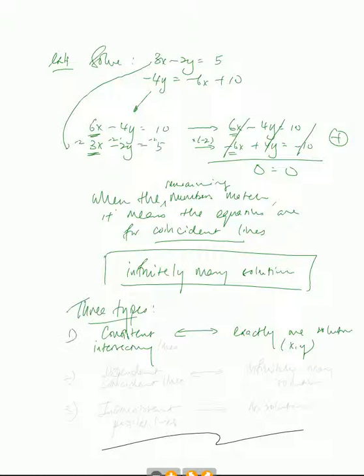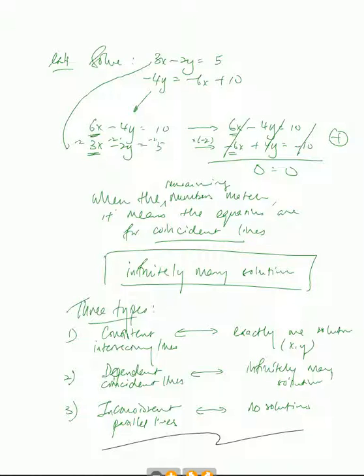The other type was where we talked about dependent, and that means that they are in fact coincident lines. And being coincident lines, it means there's infinitely many solutions. Okay, and the last type is where it's inconsistent, and that happens when you have parallel lines, and when that happens, we say the lines don't meet, or in other words, we say there's no solution.